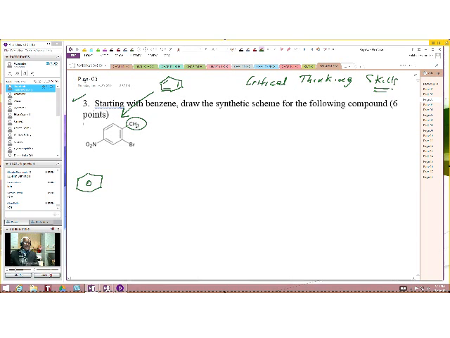You know what we need to do for that. Then we need to introduce a nitro group at the para position. We know that methyl is an ortho-para director. And then we also need to introduce a bromine. Can you tell me what is the first thing we need to do?